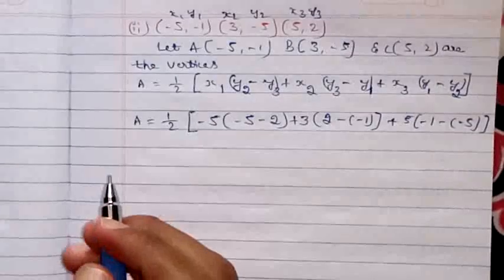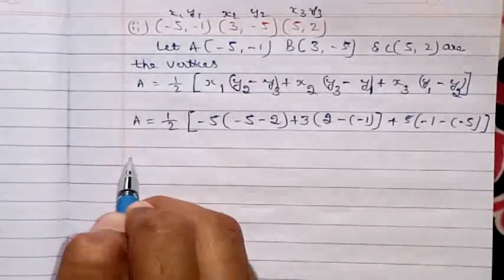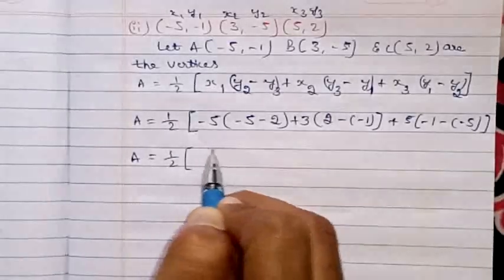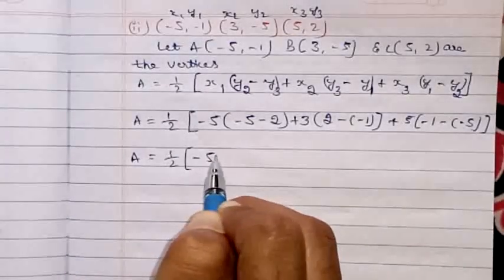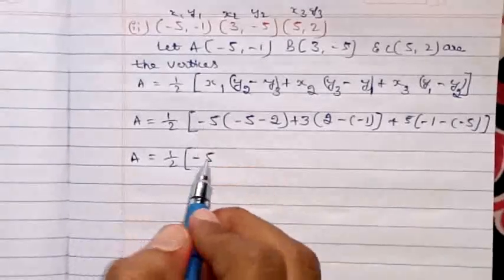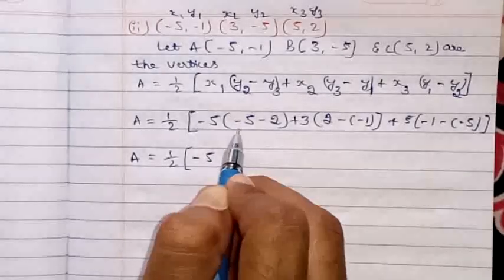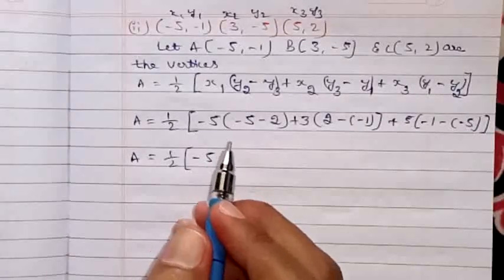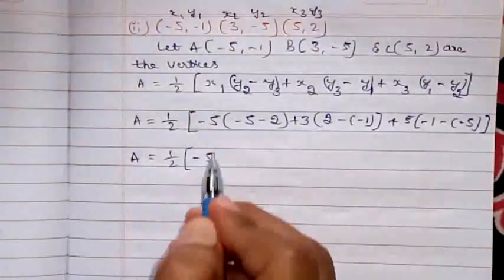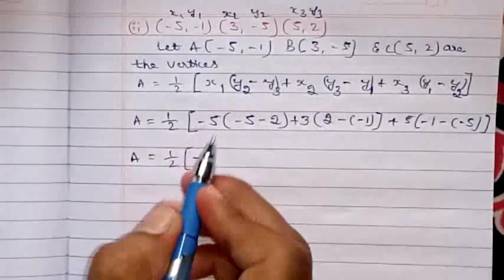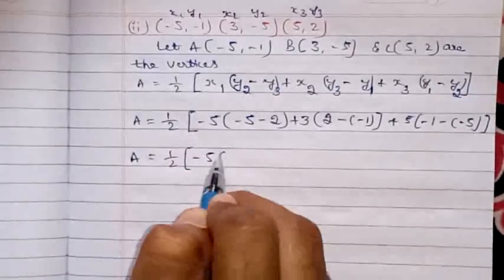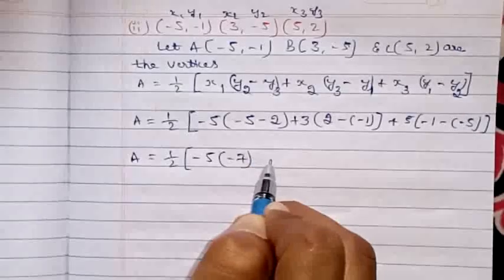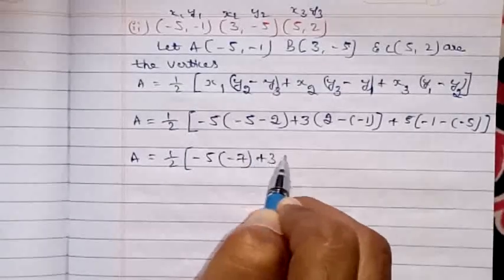Okay, now simplify this. So A is equal to half into, now -5 as usual, write down like that only. Now in the bracket you need to subtract or add whatever it says. Minus into minus will be plus, so you need to add. 5 plus 2 is 7, it's -7, sign of the biggest number. Now here plus 3 remains the same.